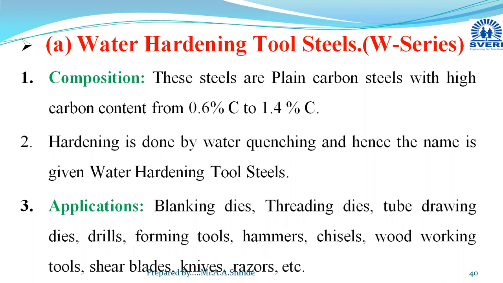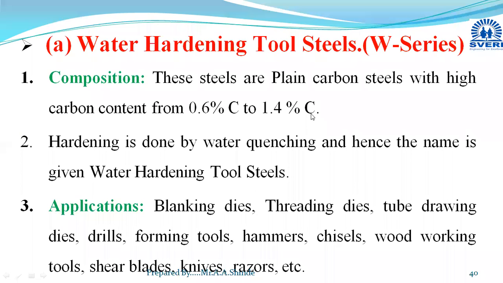Depending on your applications, for water hardening tool steels you can go for a low carbon percentage or a high carbon percentage. If in that particular tool you require very good shock resistance or very good impact characteristics, then you should prefer the low carbon percentage, that is 0.6 or 0.7% carbon with addition of some other alloying elements.